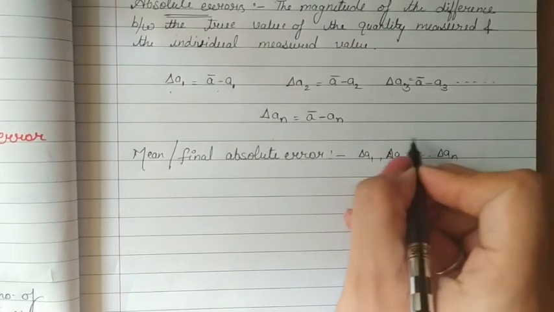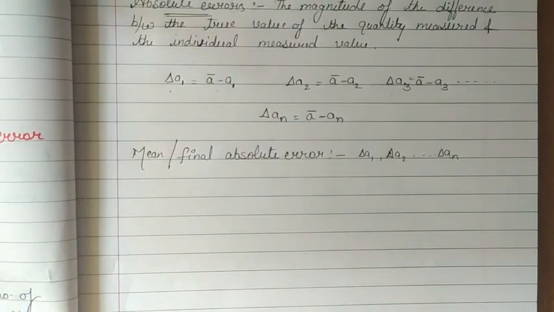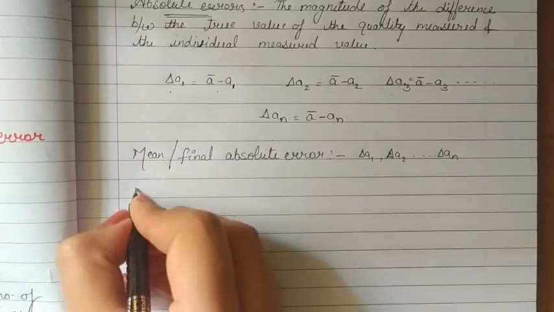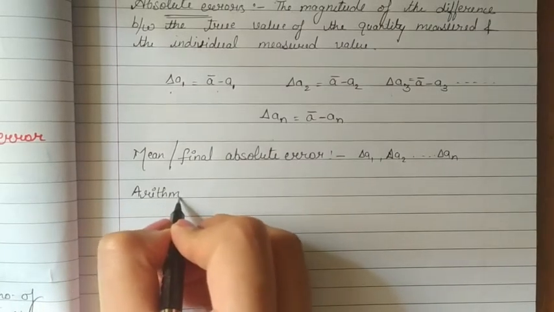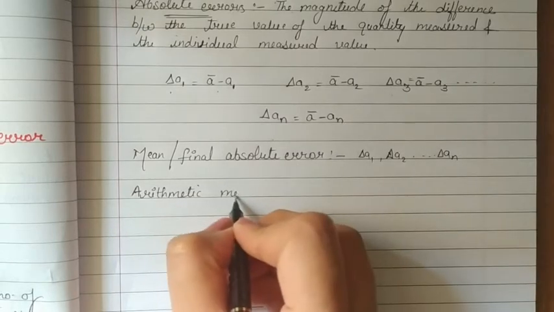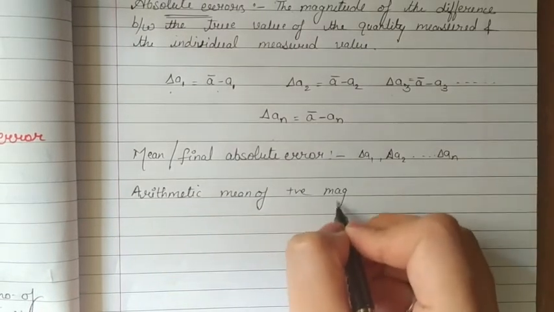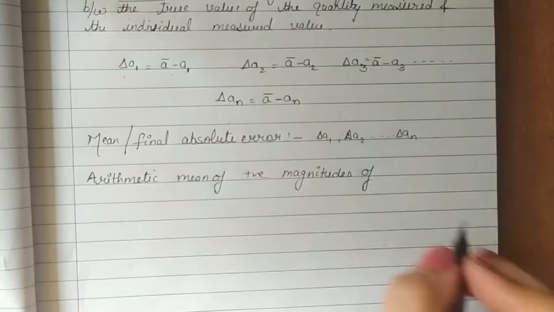इन सब का पॉजिटिव मैग्नीट्यूड कंसीडर करके उसका मीन जब हम निकालेंगे, then it will be mean or final absolute error. We can write it as arithmetic mean of positive magnitudes of all absolute errors.